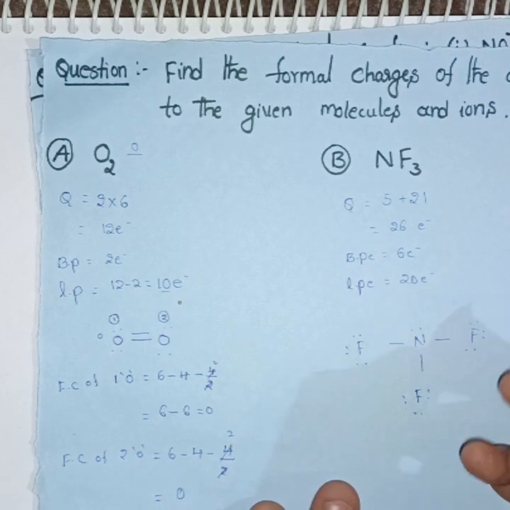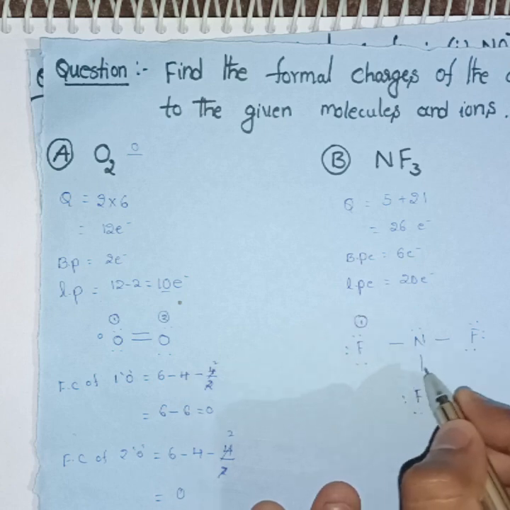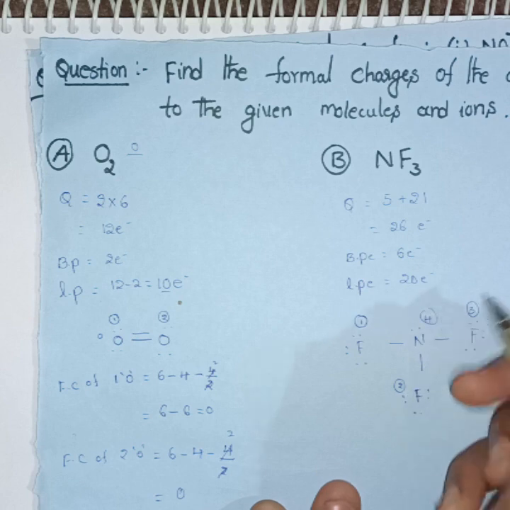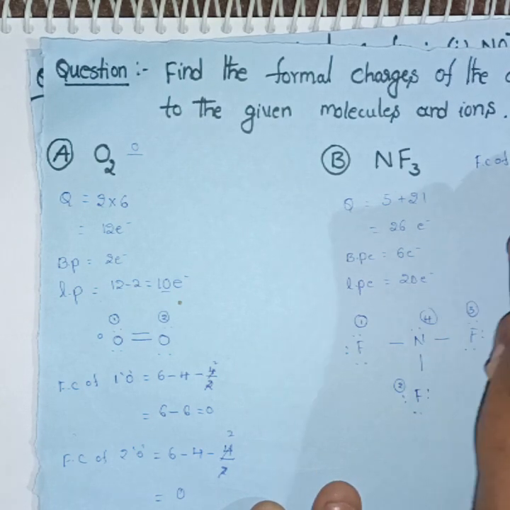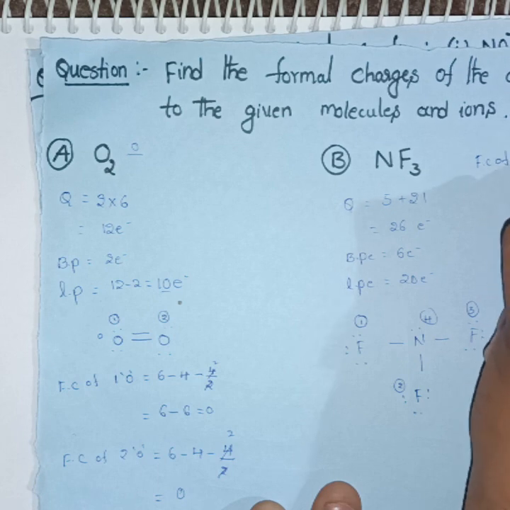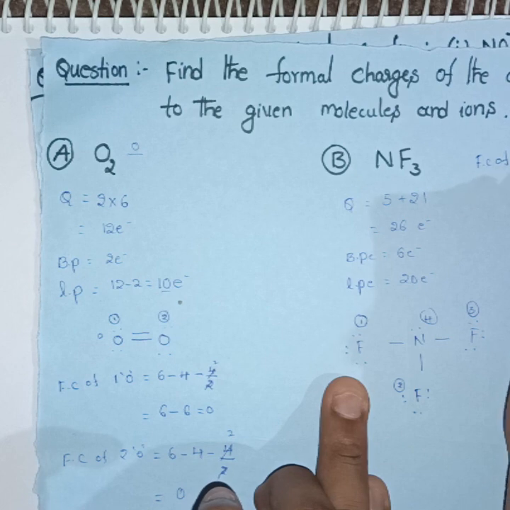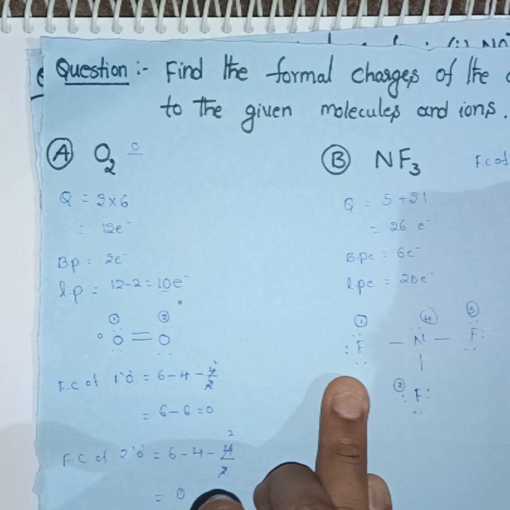Let's find out the formal charges. Mark it as 1, mark it as 2, mark it as 3, mark it as 4. First, Fc, formal charge of the first fluorine atom. That is, valence electrons of fluorine 7 minus lone pair electrons 6 minus bond pair electrons 2 by 2.